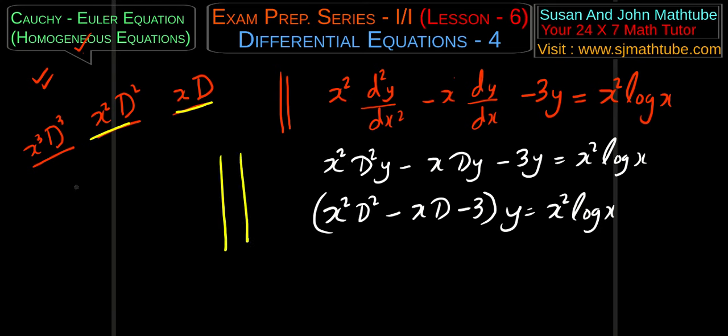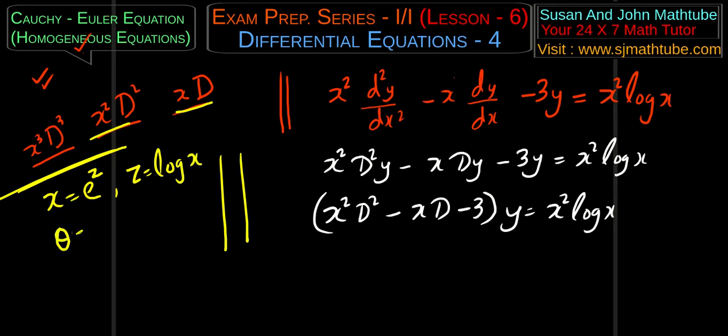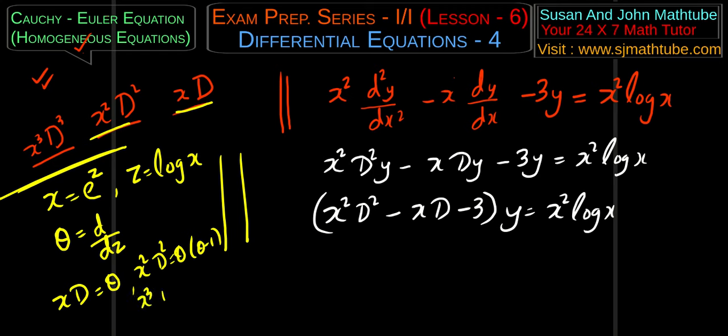Now for the method. So what you do is, in every problem, you assume x equal to e power z, and the inverse substitution, z equal to ln x, log x, and you put theta is equal to d by dz. x into D is equal to theta, x square into D square is equal to theta into theta minus 1, and x cube into D cube is equal to theta, theta minus 1, theta minus 2, etc. In some books, instead of theta, they use small delta.